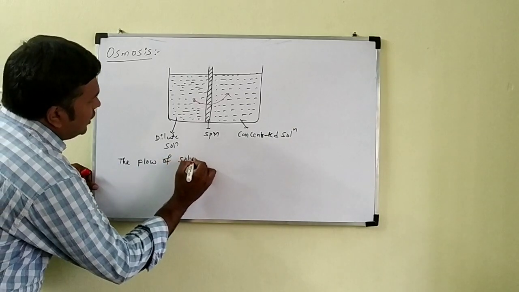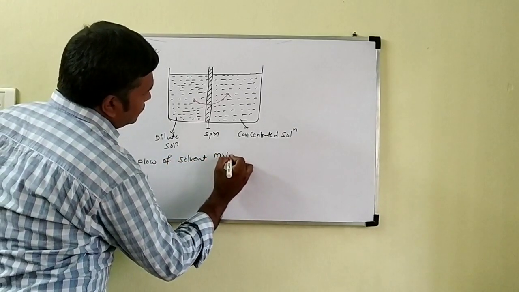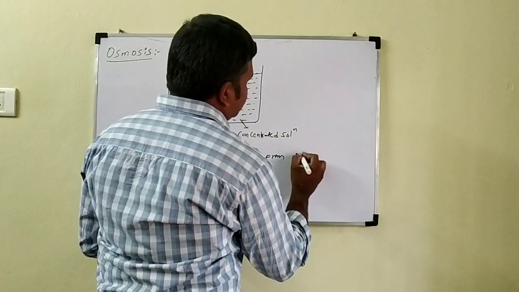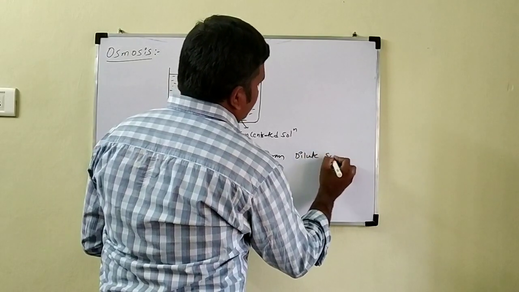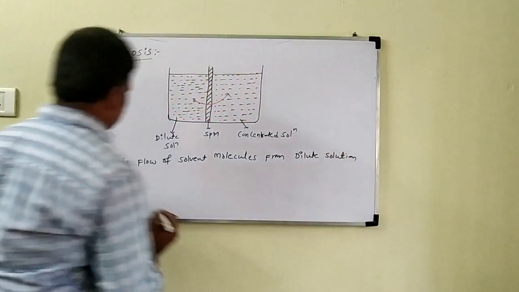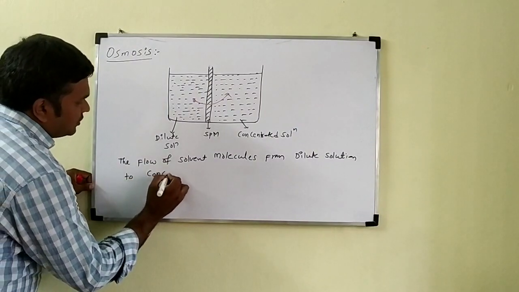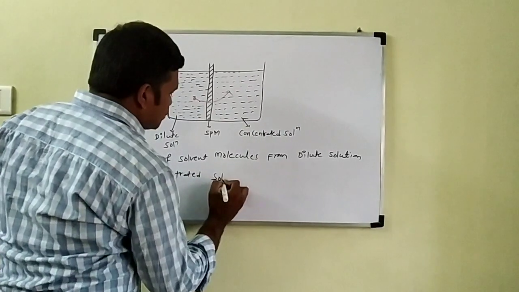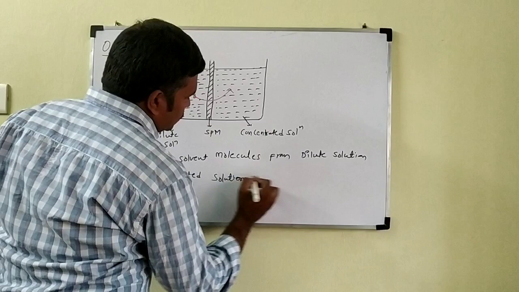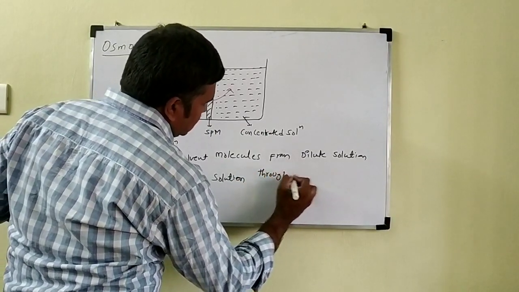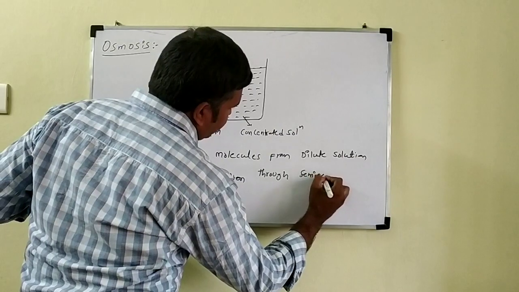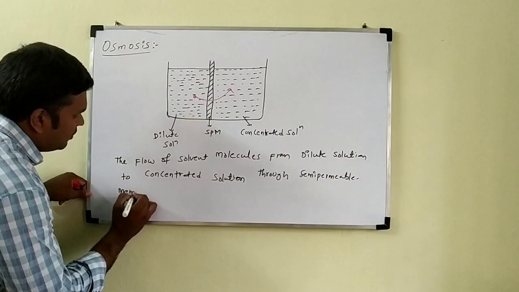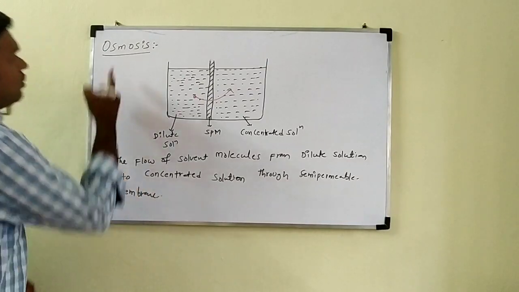The flow of solvent molecules from dilute solution to concentrated solution through a semi-permeable membrane is called as what?